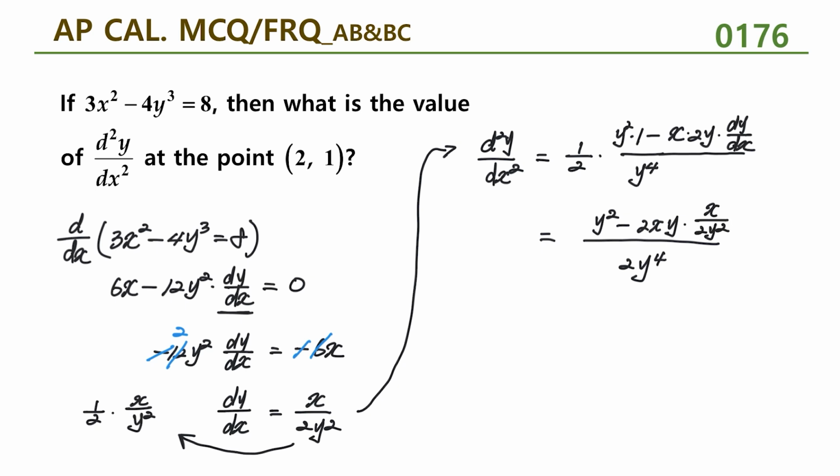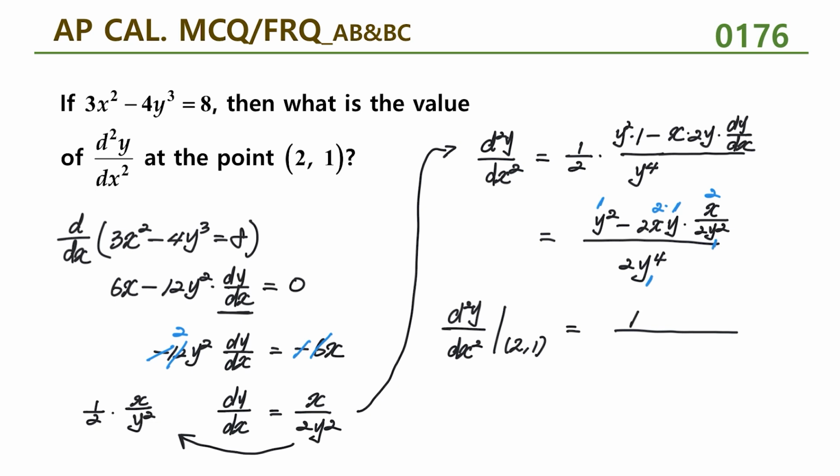Now substitute 2 for x and 1 for y, right? So our second derivative at (2, 1) is equal to, here, I'm going to substitute 1 for y and 2 for x. Here 1.